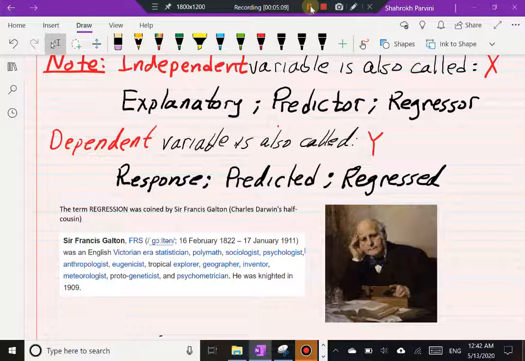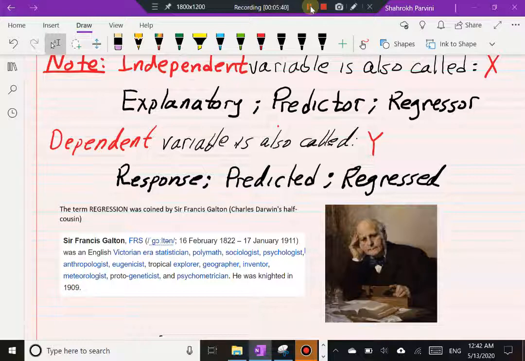Alongside his research, he found that beyond a certain point, at both extremes, the height of the son was not necessarily as tall or as short as the father, and that the heights of the sons tend to regress, meaning go back, toward the mean of the data set.